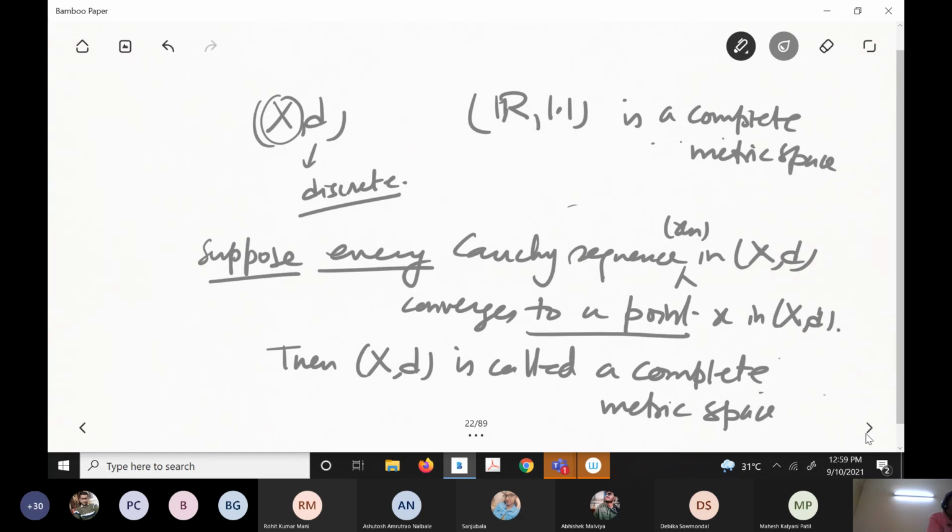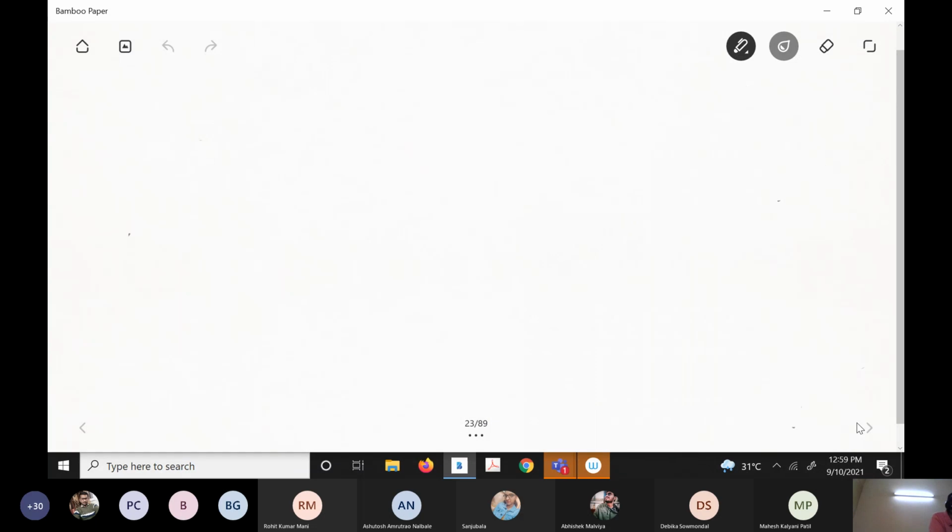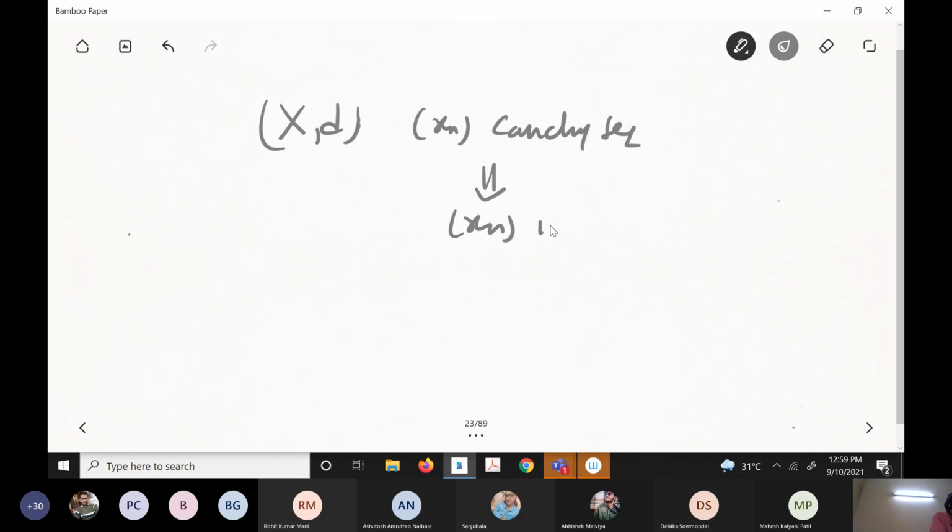Well, in order to prove it, let me tell you, if you have this, you can prove it. Suppose xn is a Cauchy sequence. First of all, you can prove that in any metric space, a Cauchy sequence has to be a bounded sequence. This is not difficult to prove.